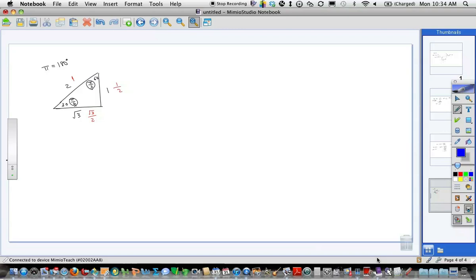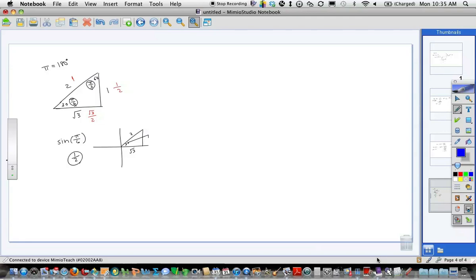Either way is fine. So now if I ask for the sine of pi 6, and you don't have that memorized, then what you want to do is say, okay, that's 30 degrees. Drawing your triangle. 1, 2, square root of 3. Sine is opposite over hypotenuse. 1/2.